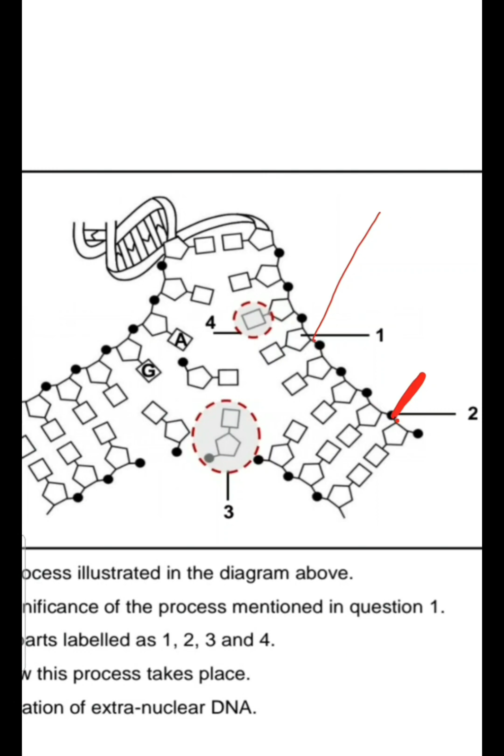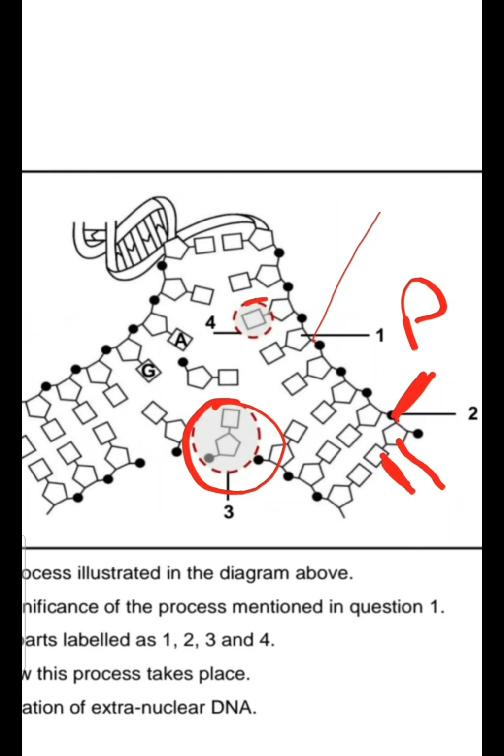No guys, they are not asking that. So let's identify it first. This one is a deoxyribose sugar, we already said that. Then this one is a nitrogenous base. So what might this be? That is a phosphate. So it's P out there. Number 3, we all are clear. It's a nucleotide.